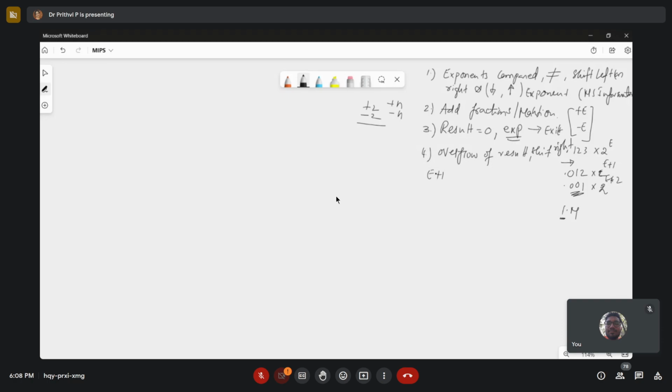If the fraction is not normalized, one more adjustment we have to see: if the fraction is not normalized, then again you have to shift left.